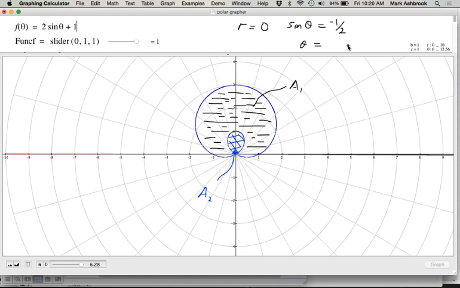Where sine is negative a half? Which one? Seven pi over 6, and you want to go to 3 pi over 2. Okay, cool. That's fine.